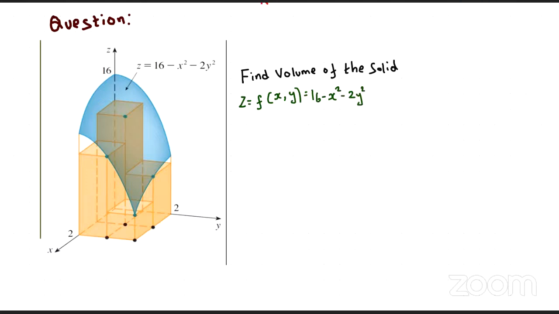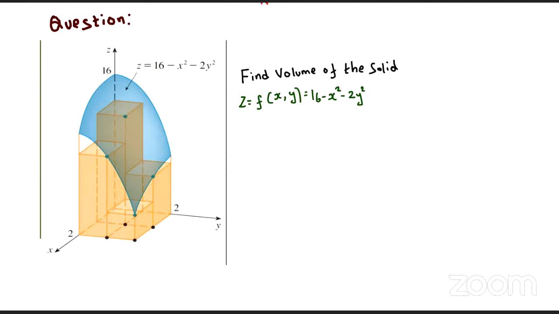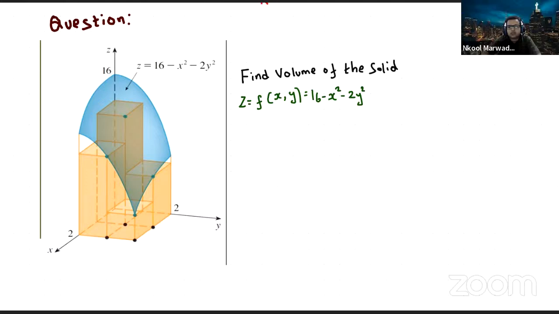So they can say that x lies between 0 to 2 and y also lies between 0 to 2. Now we have to solve.